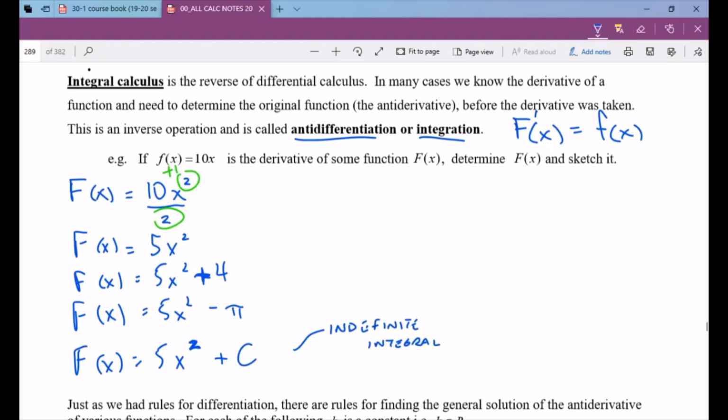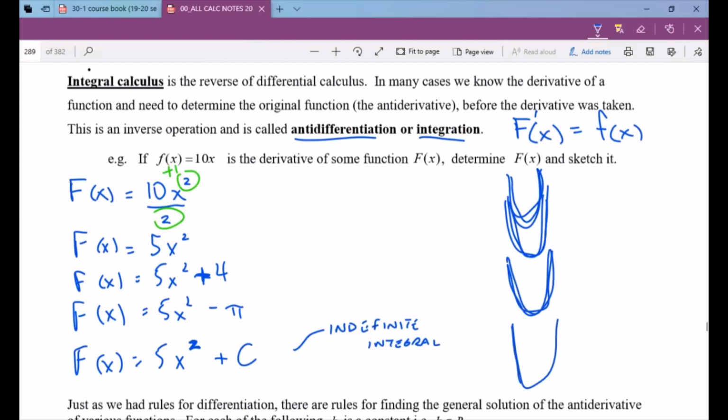And the reason that works is because if I have 5x squared as a parabola, and if I compare that to 5x squared plus 4, or 5x squared minus 7, or 5x squared minus 12, or whatever, all of these curves look the same.